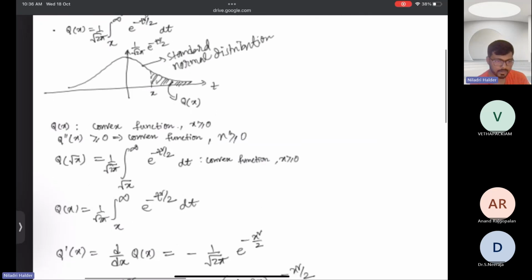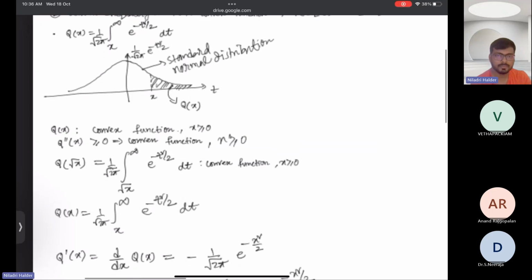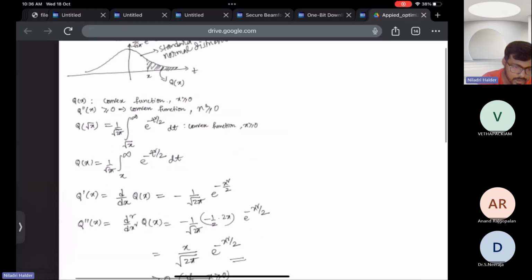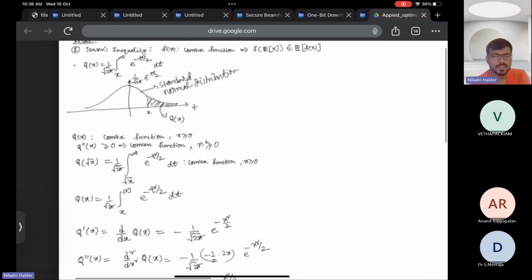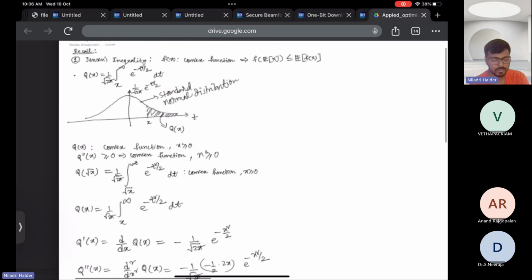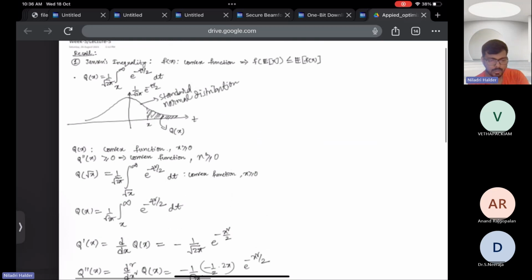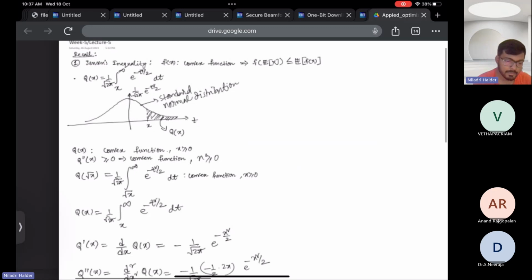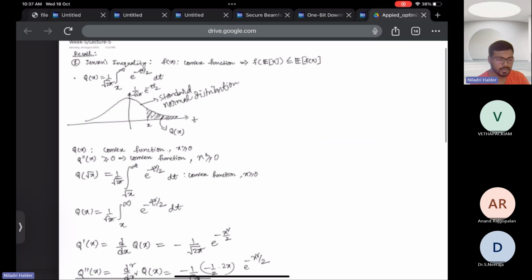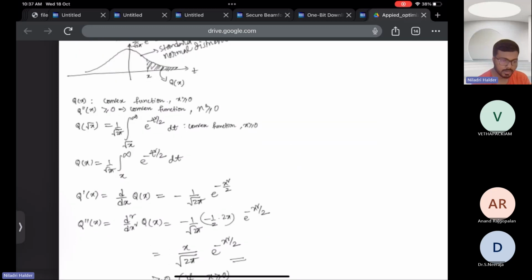Then Q(x). So this is the Q function. Q(x) is just for the standard normal distribution. If x goes from minus infinity to plus infinity, but if you take x to infinity, if you find the area of that portion, that will give the Q(x) actually, for the standard normal distribution.